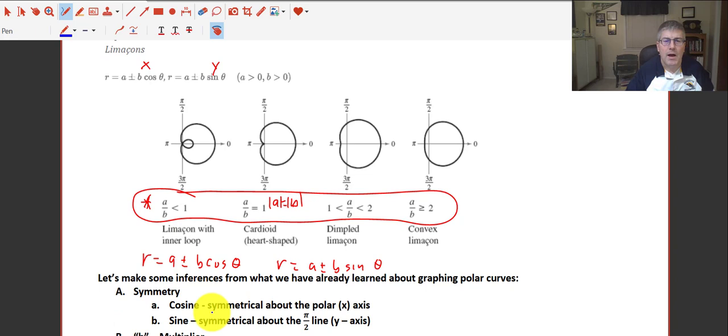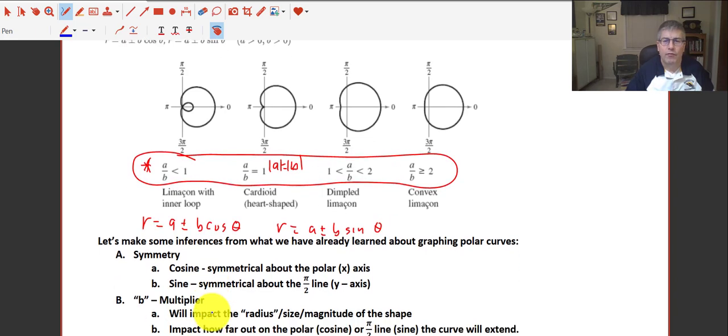So let's make some inferences from what we've already learned about graphing polar curves and how they might relate to limacons. So again, I've written our equations here for the limacons, the cosine version and the sine version. So what we know about symmetry, the cosine version will be symmetrical about the polar or the x-axis, and the sine version will be symmetrical about the pi over 2 line or the y-axis.